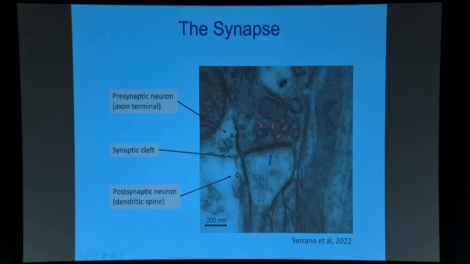At the bottom, we have a part of the dendrite of the postsynaptic neuron. And then in between, we have this tiny gap, which is called the synaptic cleft. So it's across that gap that chemicals can be released from the presynaptic neuron and then detected by the postsynaptic neuron.